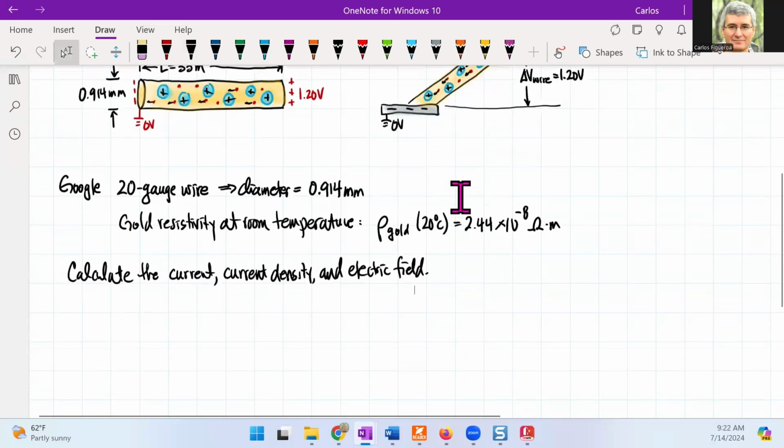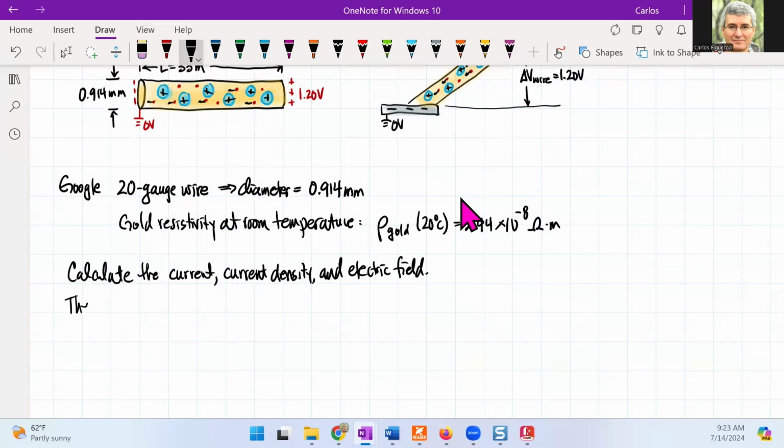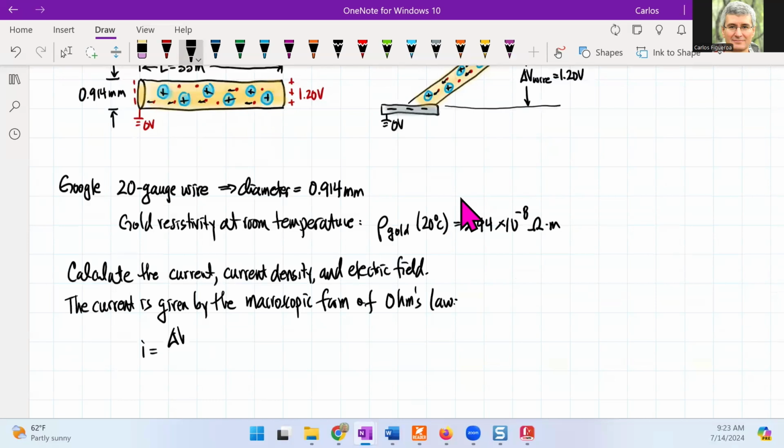So if I look at the current, the current is given by the macroscopic form of Ohm's law. So the current here has to be the voltage across the wire divided by the resistance of the wire.